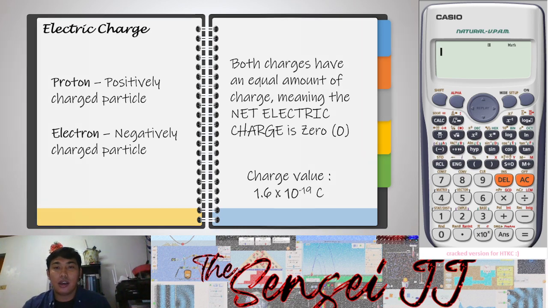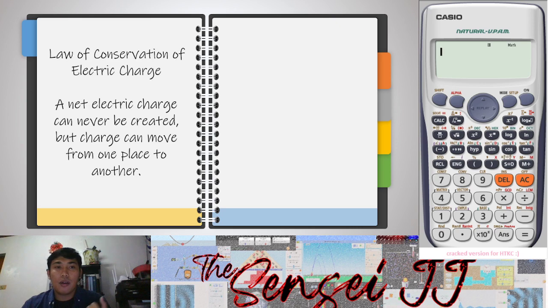Okay, let's proceed to our law of conservation of electric charge. This is the same as our energy. A net electric charge can never be created, but charge can move from one place to another. Both our energy and our electric charge cannot be created.